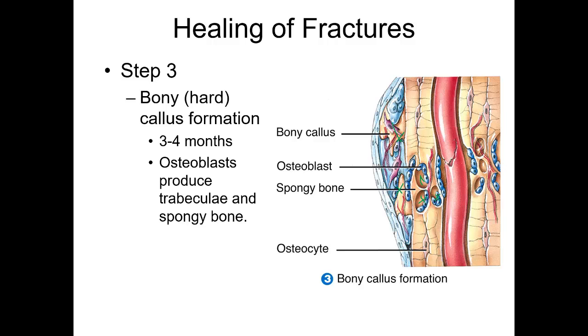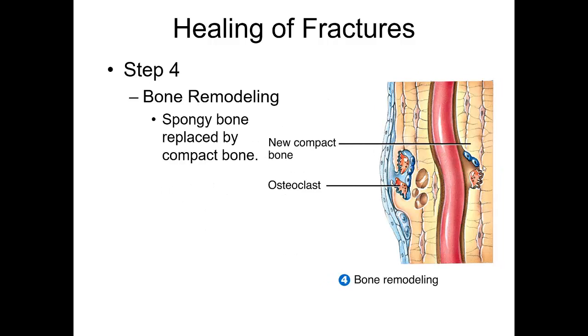And this process takes about 3 to 4 months, faster in younger children. And trabeculae are starting to form as well. So first, it is the spongy bone that is going to form, and later it is the compact bone. In the last step, bone remodeling takes place, and the debris is eaten up by the osteoclasts, and spongy bone is replaced by compact bone.